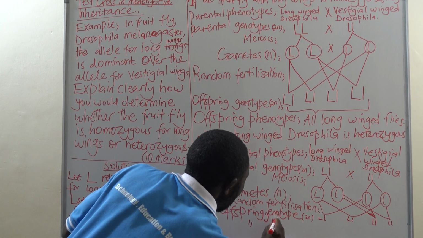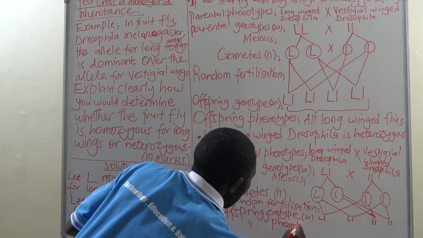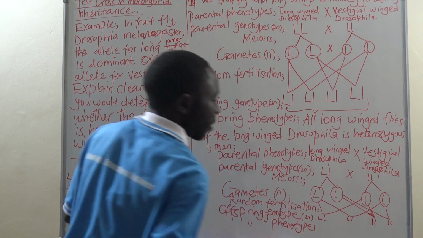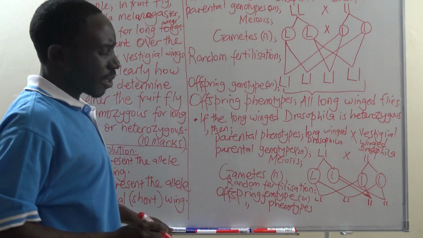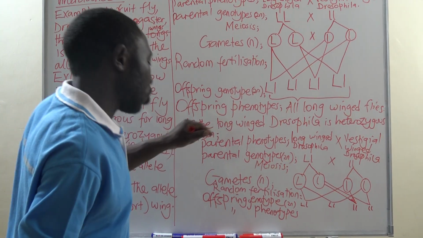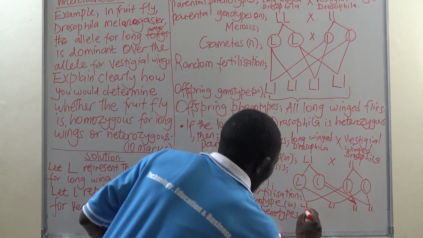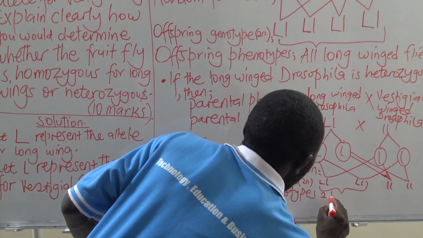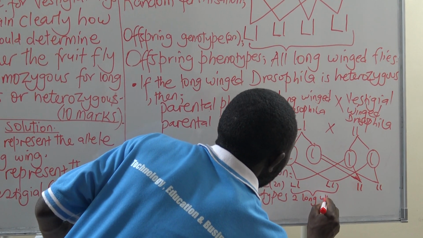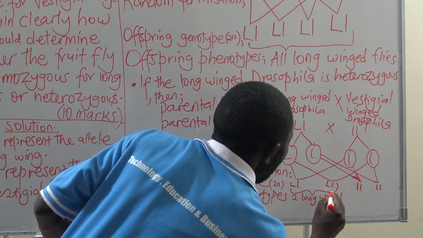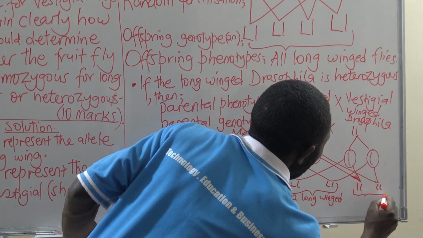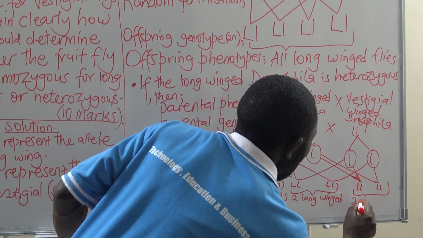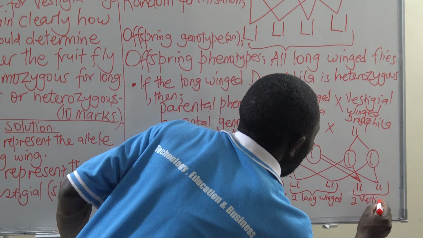Then offspring phenotype or phenotypes. We can see that two Drosophila are long-winged. Then the other two are vestigial winged.